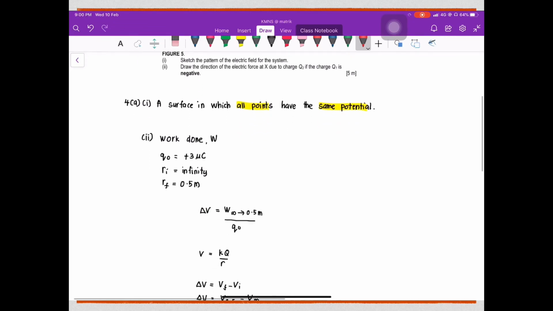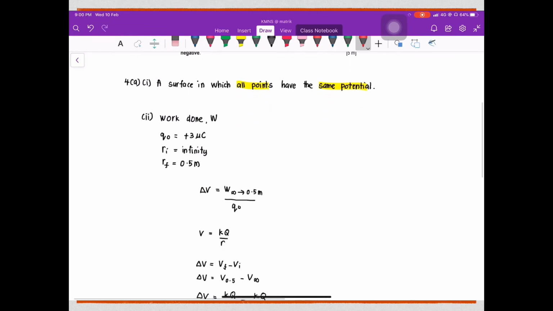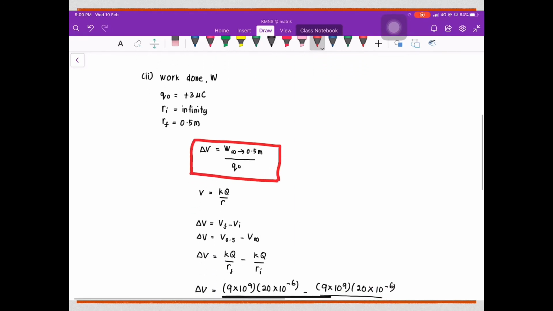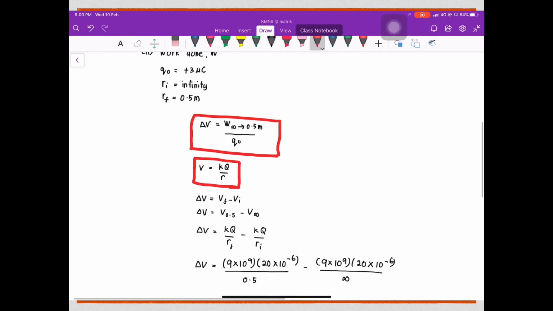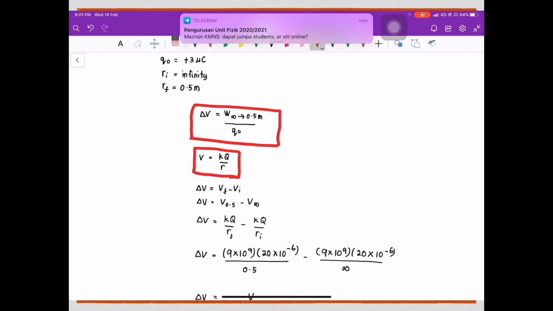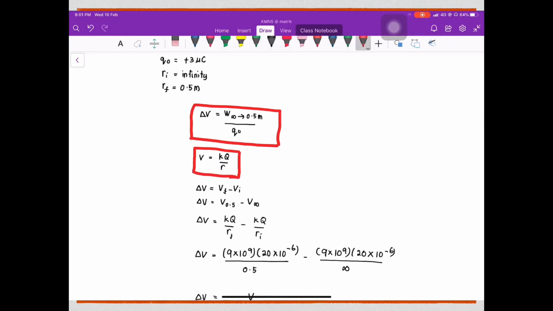So for work done, we use delta V equal to work done over Q naught. Then the equation of electric potential is kQ over r. Be careful here, Q is the point charge.